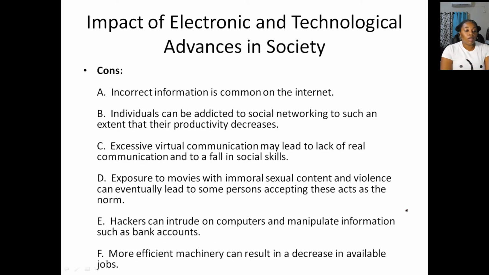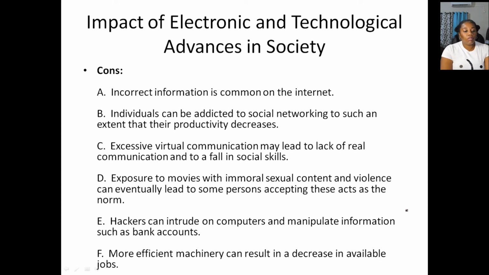Cons: incorrect information is common on the internet, and that's true. Individuals can be addicted to social networking to such an extent that their productivity decreases. That's just a scare. If you know how to use social networking, you'll be fine.